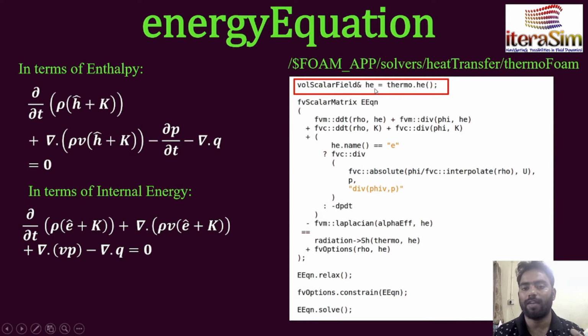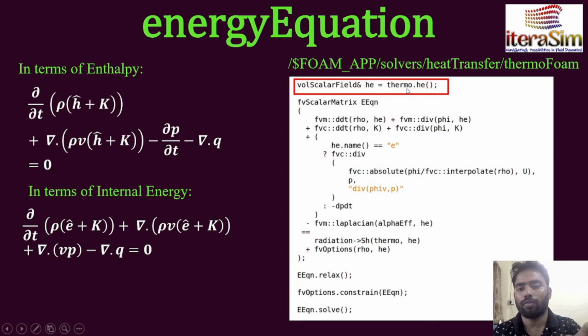He is another variable. If the thermo.He output is internal energy, then this He will be internal energy. And if the thermo.He output is enthalpy, then this He will be enthalpy. That is what it is going to specify.